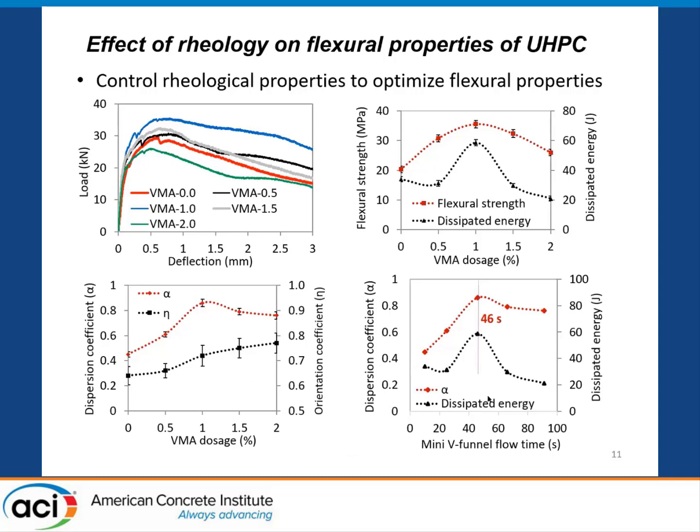So the first cracking we observed is almost the same. When you have the same amount of steel fibers and almost the same matrix, the first crack is almost the same. That is what we observed.